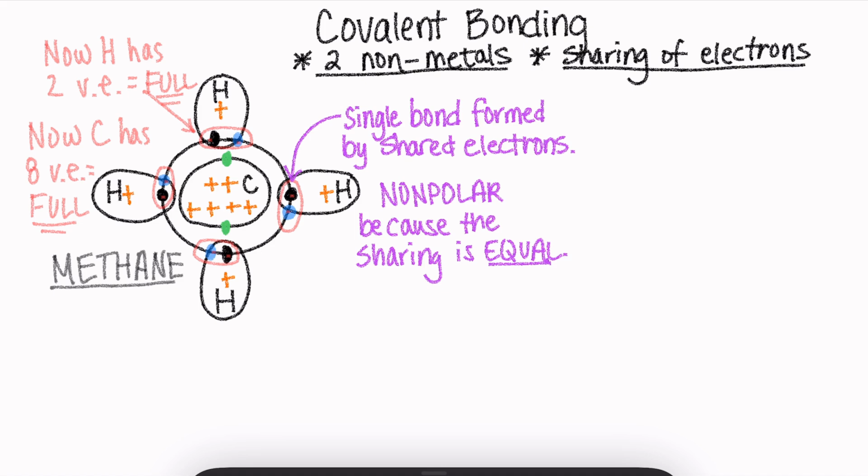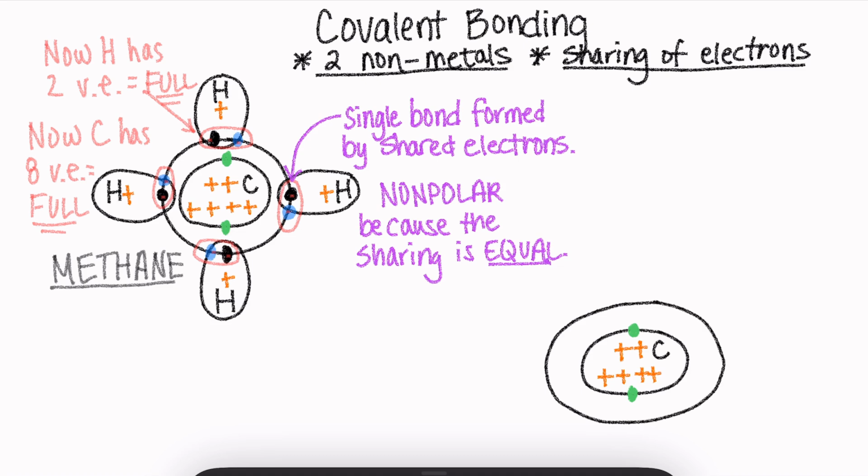Now I want to show you how a double bond could form. We'll start with carbon again. We'll put it right here. There's a carbon, and here is its first shell with those 2 valence electrons, and then it has to have a second shell, right? What it can do here is instead of sharing one pair with each atom, the way it does with hydrogen, it can share 2 with just 2 other atoms.